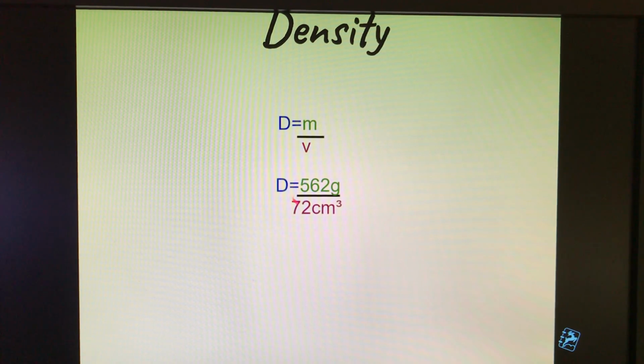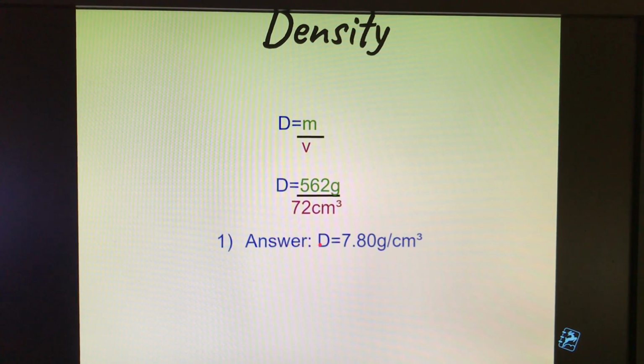Use your trusty calculator, and the answer is D equals 7.80 grams divided by centimeters cubed. That is technically what our density is for that problem. If you got it right, good job. Let's go ahead and continue.